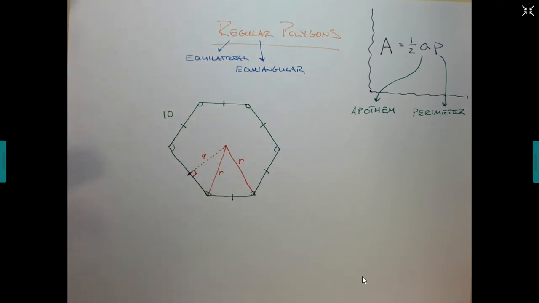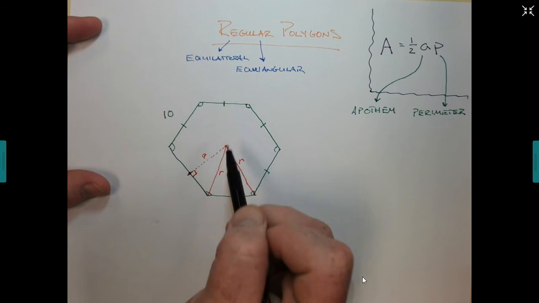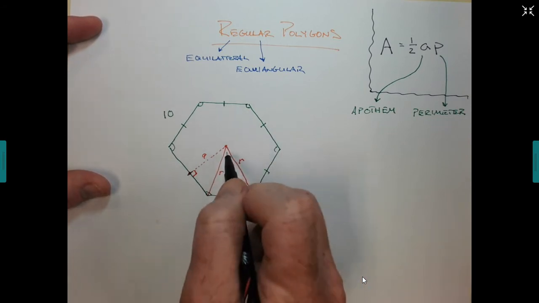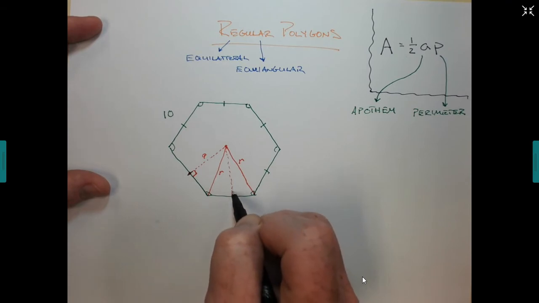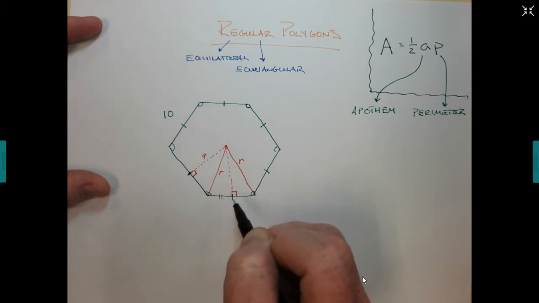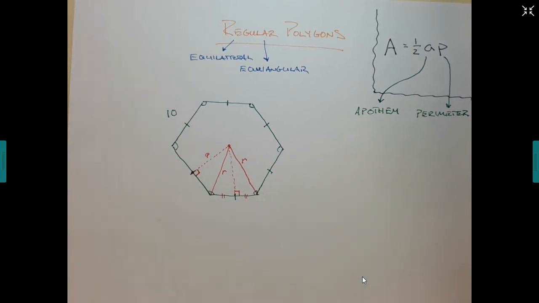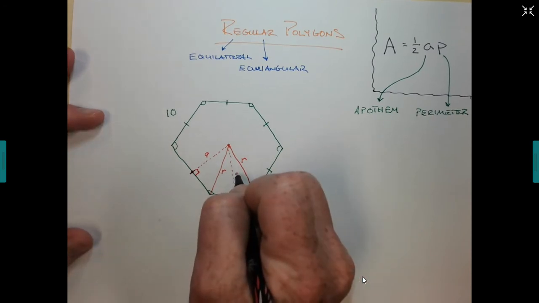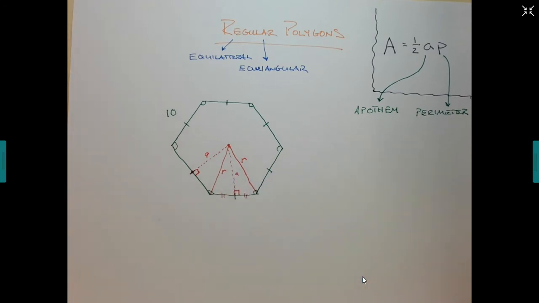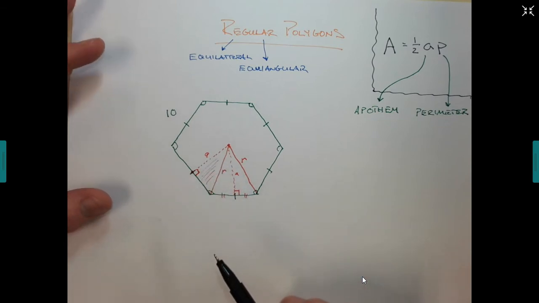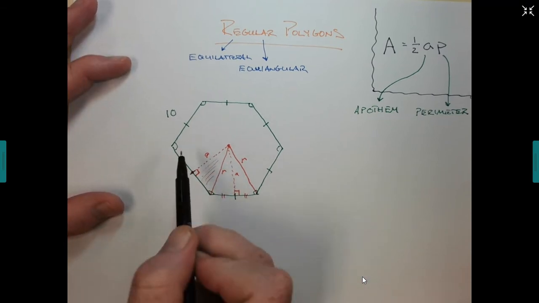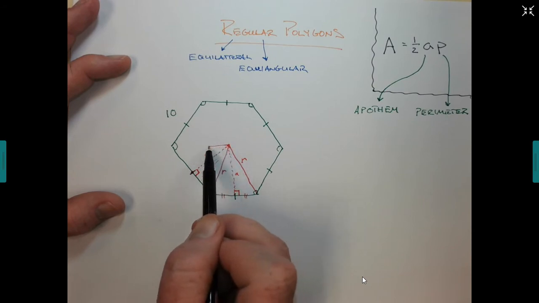Now, how many apothems could I draw? Well, there's 6 sides, so I could draw a line to the center from each and cut that side in half. So I have 6 different apothems. This right triangle that exists here can be replicated 2 times.